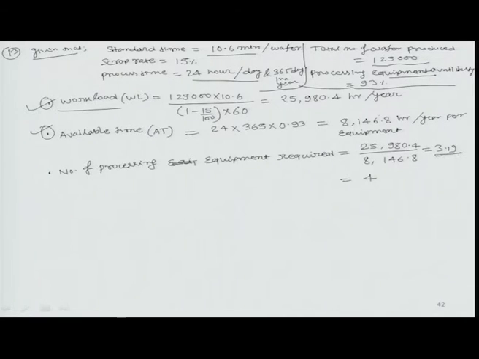So we'll have to round it, because we are calculating the number of processing equipment and it has to be a whole number, an integer. So the minimum equipment required is 4.